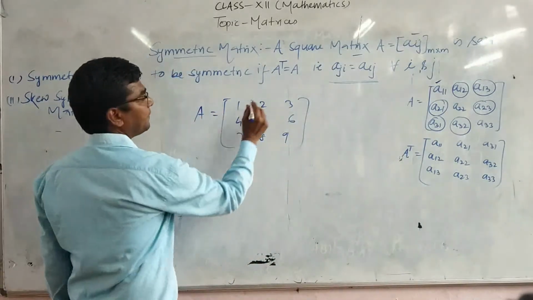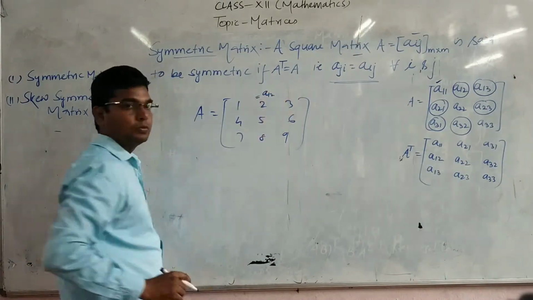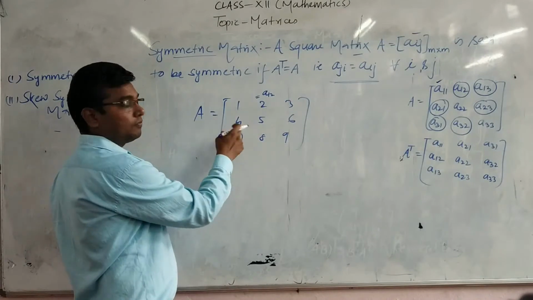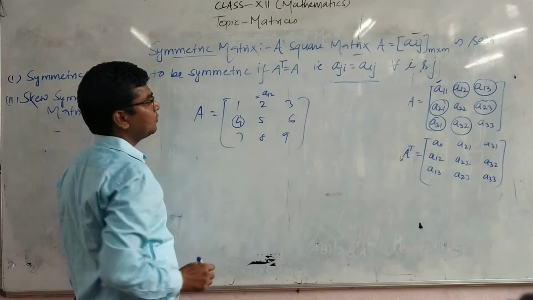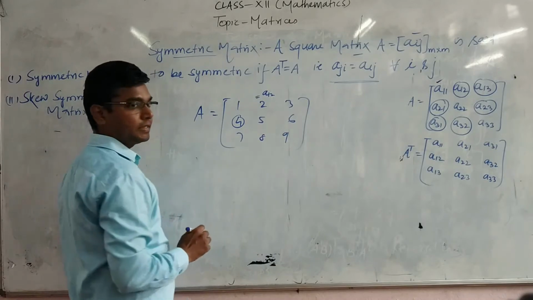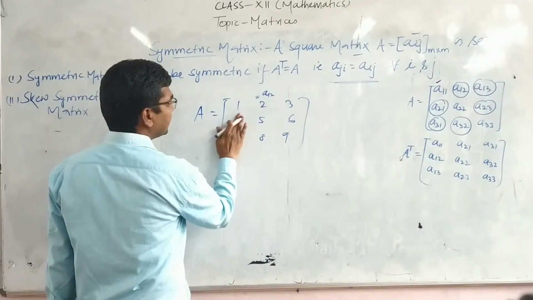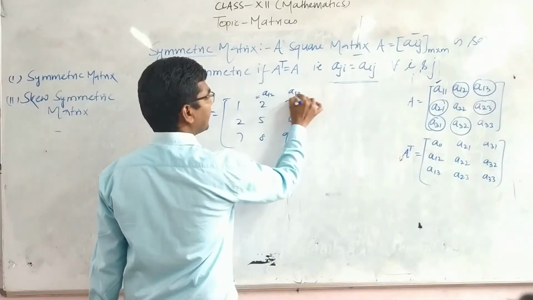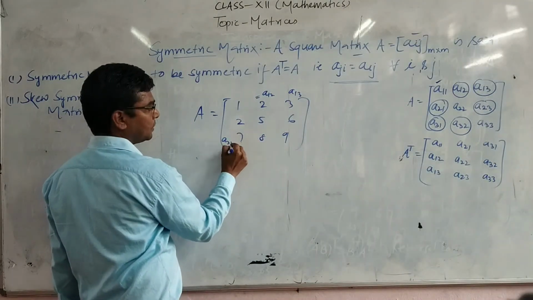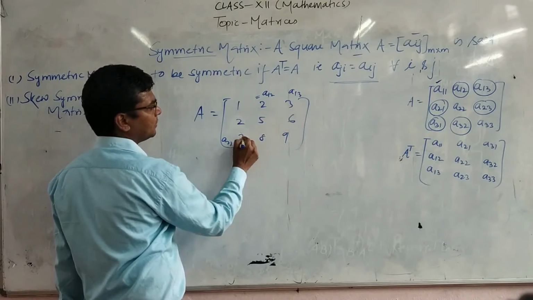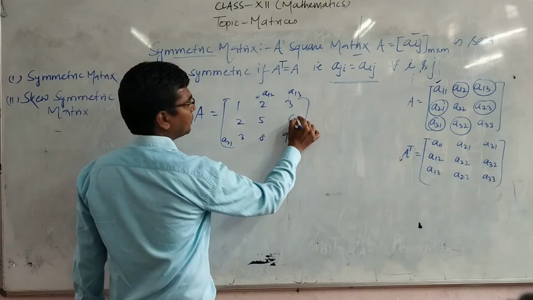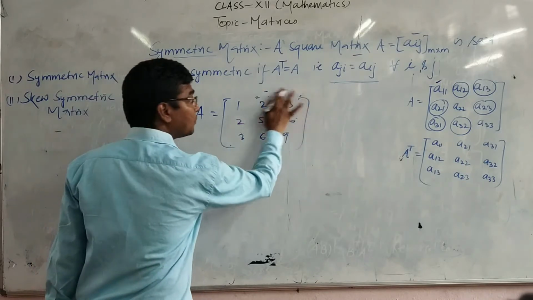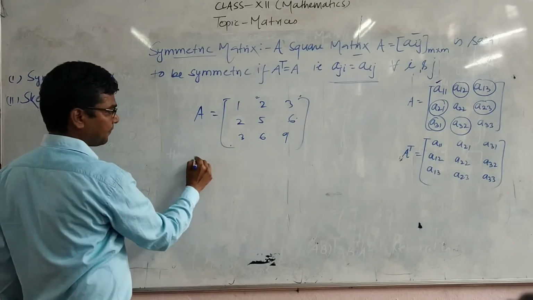This is your A12, so the element at A21 should be the same, so it must be 2. A13 should be equal to A31, so it should be 3, and A23 should be equal to A32, which is 6.